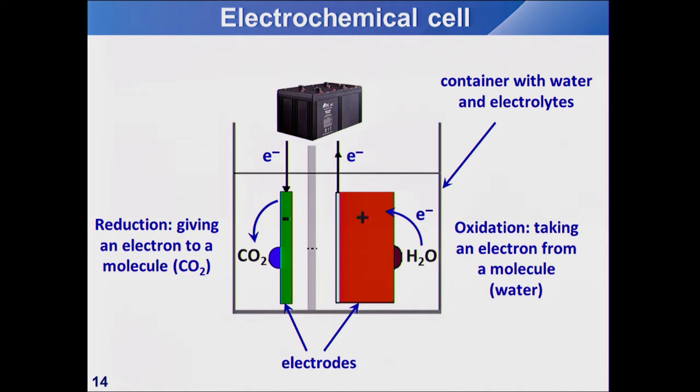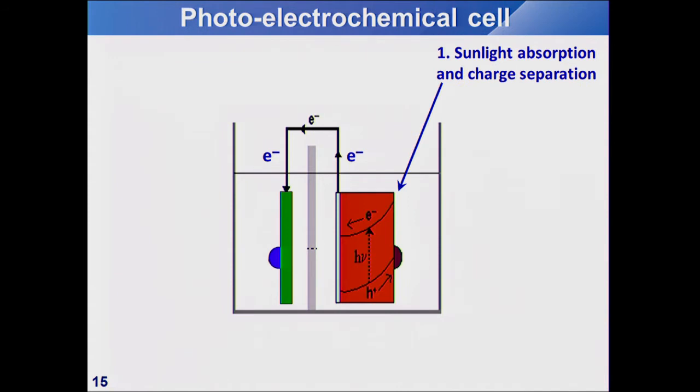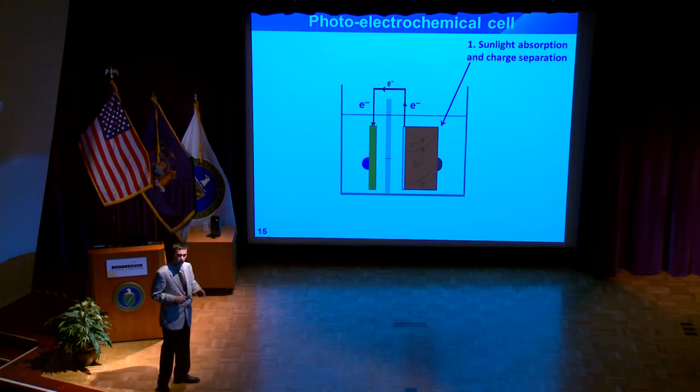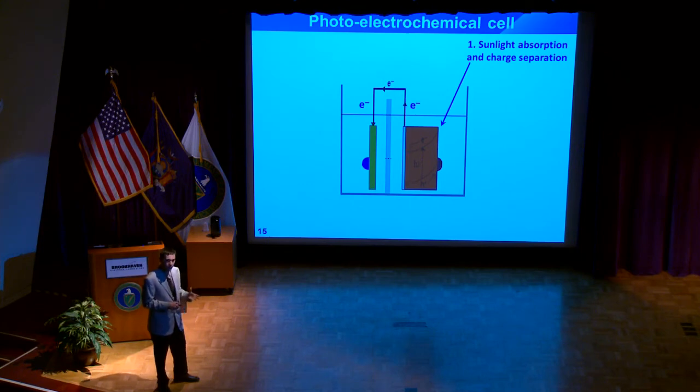And so if we want to do photosynthesis, of course, we don't want to use the battery, but we would like to use the energy of sunlight. So replace the battery with a special material, which can be a molecule, a semiconductor material, or different types of materials. But this generic material has one important property. It can absorb the energy of light and create charges, positive charges and negative charges.